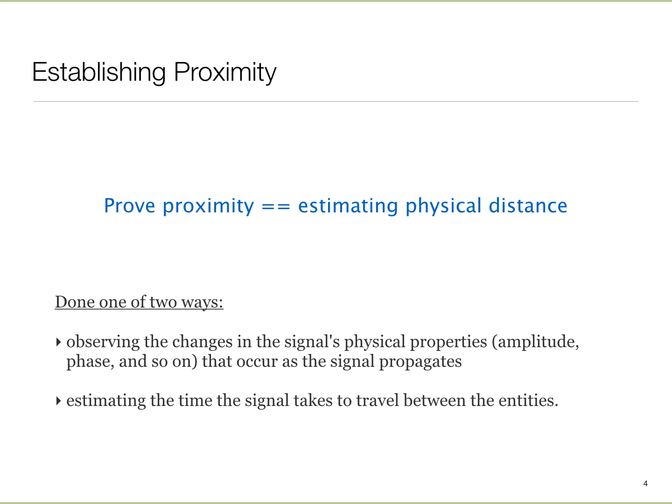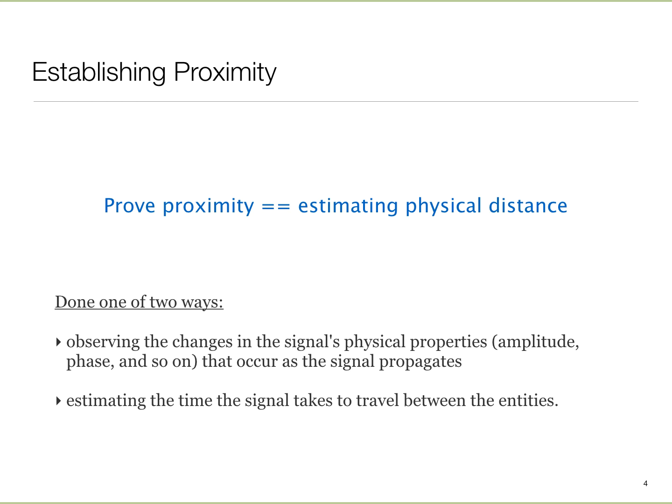If it's an ATM machine, I should be able to prove that I'm within, let's say, 2 feet of it. So it depends upon what service it is. Essentially, we estimate the physical distance, and if it is within some threshold, I'm going to let the system go.